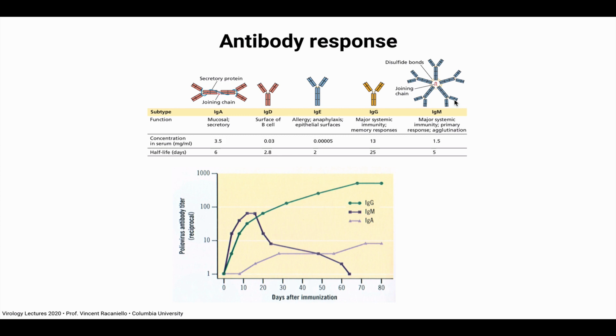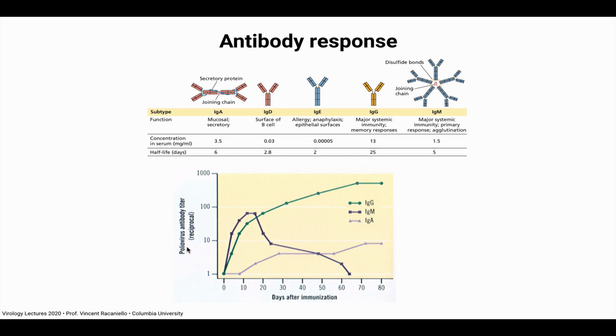So that's produced first, and then it's followed by IgG. After it's gone through all the somatic mutation, recombination, class switching, you now have a high affinity IgG molecule. And that change is shown at the bottom here.